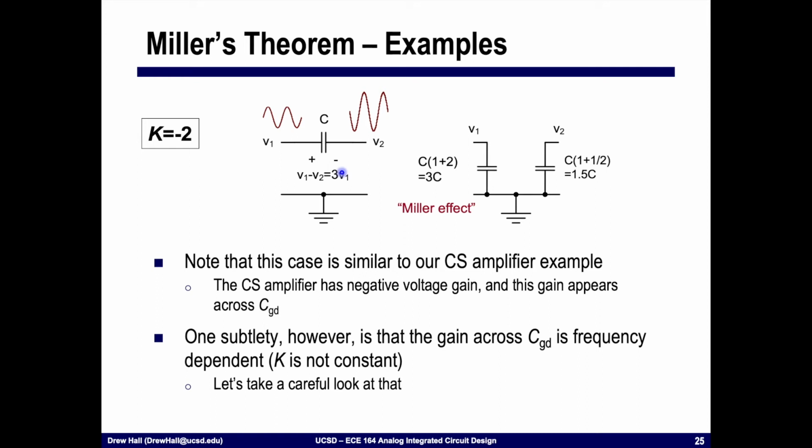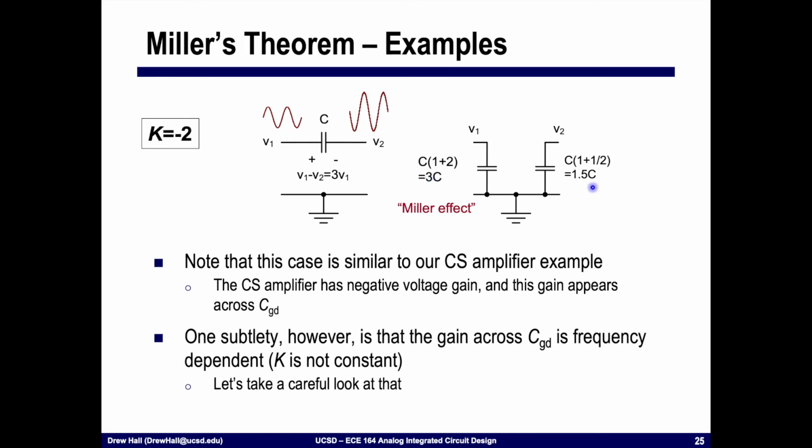This is really what's known as the Miller effect: I'm multiplying this capacitor and making it effectively look much larger than it really is. Rather than this capacitor looking like C, due to the gain being negative, I see a much larger capacitance. I see 3 times the capacitance.